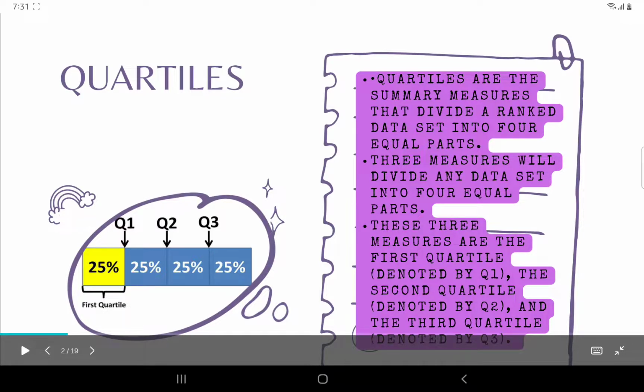These three measures will divide any data set into 4 equal parts. The first quartile is the first 25%, the second quartile is the second 25%, the third quartile is the third 25%.